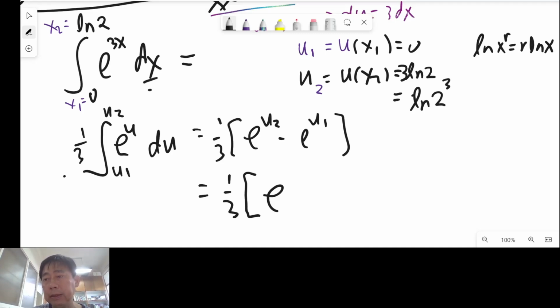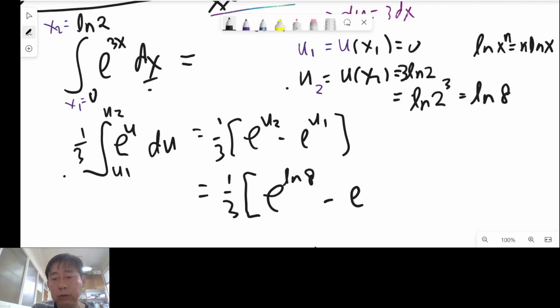Therefore 3 ln 2 is ln(2^3), which is ln 8, because 2 to the power 3 is 8. So the value of e^(u2) here is 8, minus e^(u1). u1 is 0, and e^0 is equal to what? It is equal to 1.